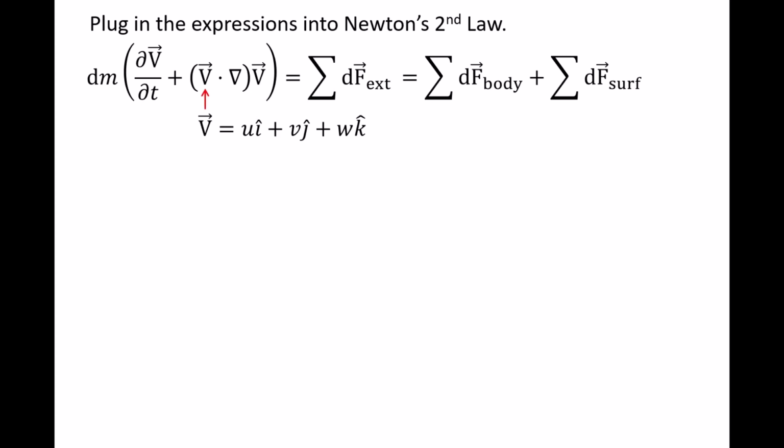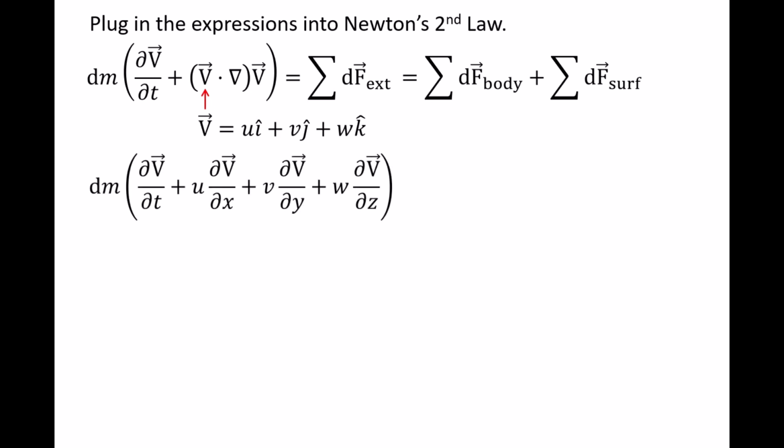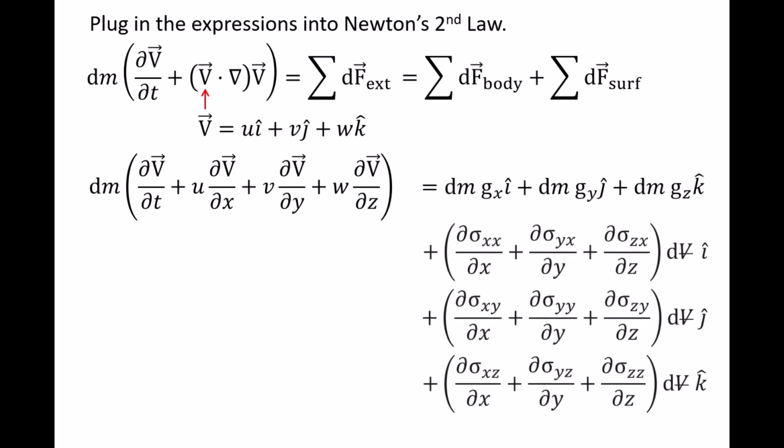We plug in the expression for the velocity into the V dot del term and apply the dot product to obtain u partial velocity partial x plus v partial velocity partial y plus w partial velocity partial z. On the right side of the equation, we plug in the expression for the body forces and the expression for the surface forces. We now plug in the expression for the velocity vector into all terms on the left side and then collect the terms that have the same unit vector.